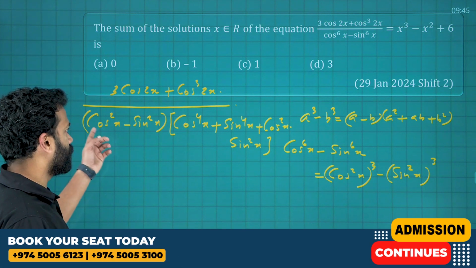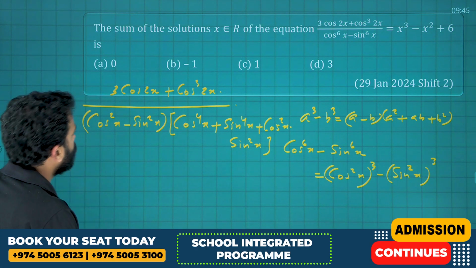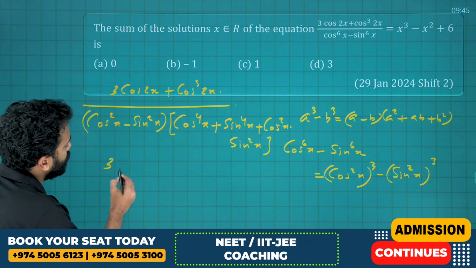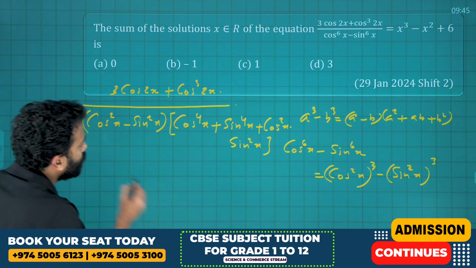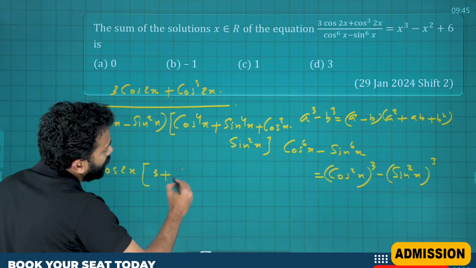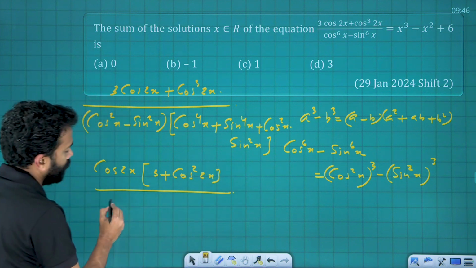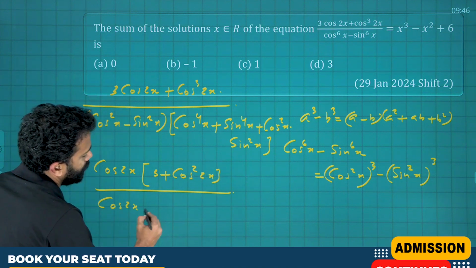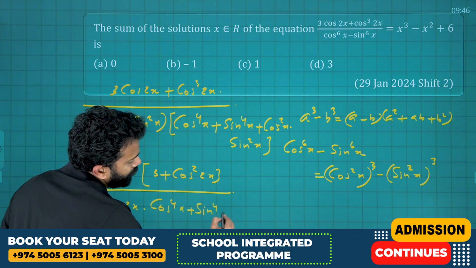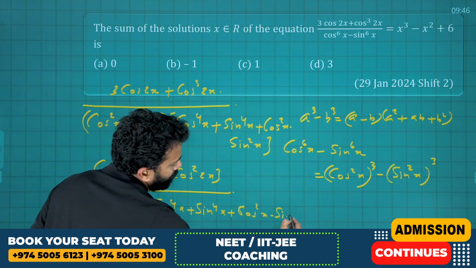So we know that cos square x minus sine square x is what? Cos 2x. Therefore, in the numerator also we have cos 2x. Therefore, 3 into, just take the cos 2x outside, it will be cos 2x into (3 plus cos square 2x) divided by cos 2x into (cos raised to 4x plus sine raised to 4x plus cos square x into sine square x).